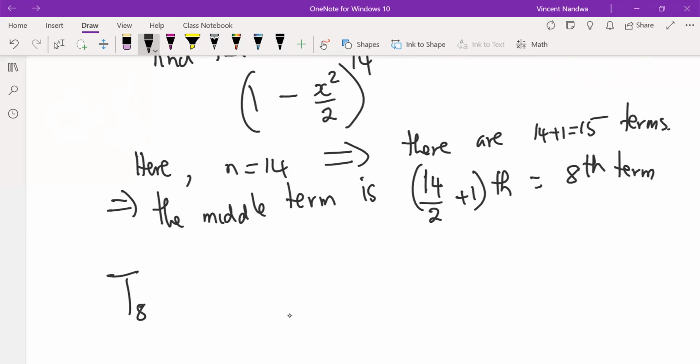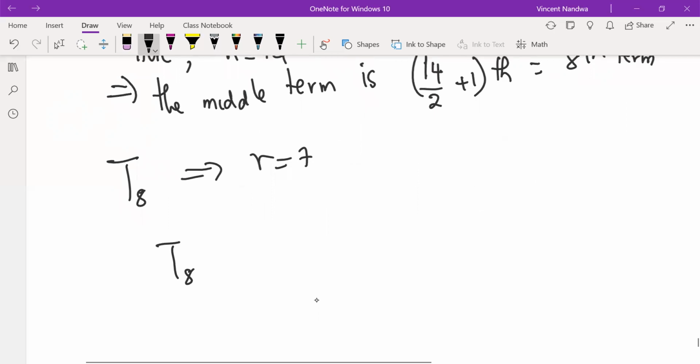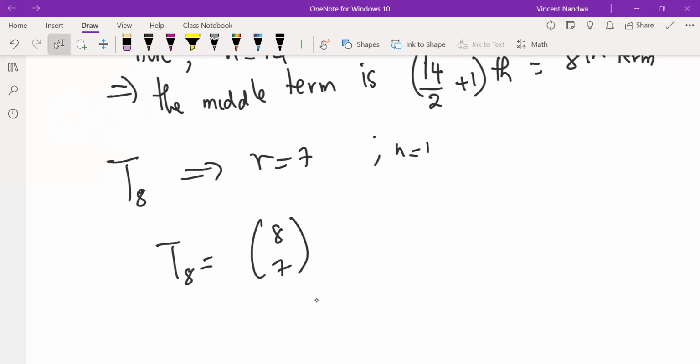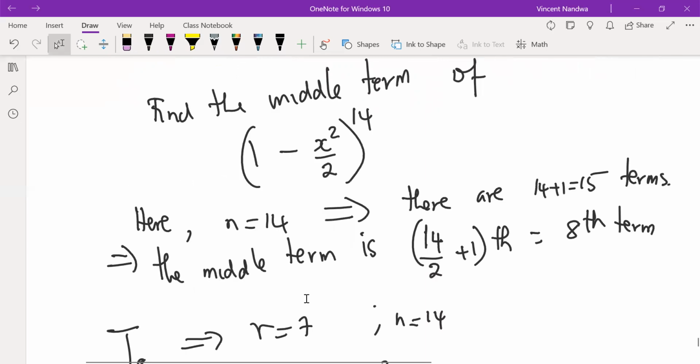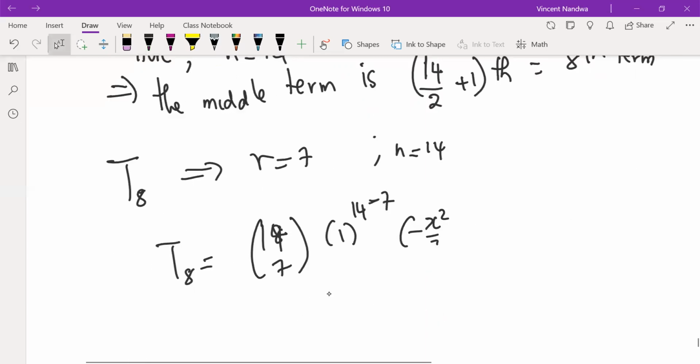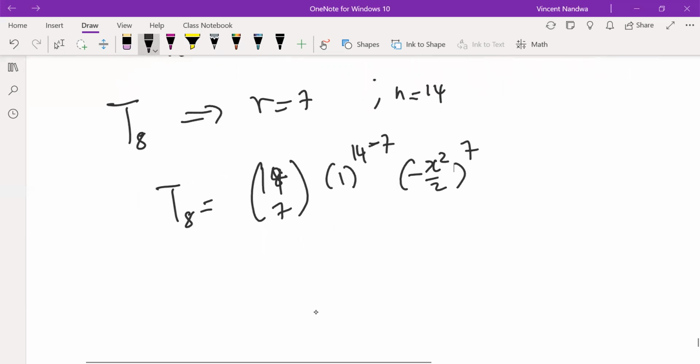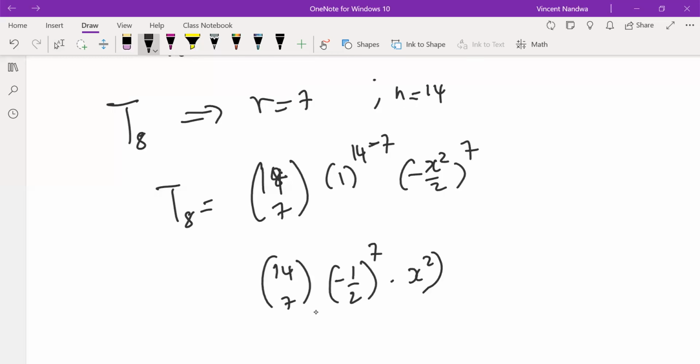So the 8th term means r is 7, so that T8 equals 14C7, remembering n is 14, and then 1^(14−7) times (−x^2/2)^7. This is the same as 14C7 times 1^7, which is just 1, so I'll have (−1/2)^7 times (x^2)^7.